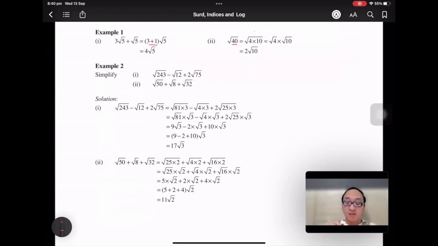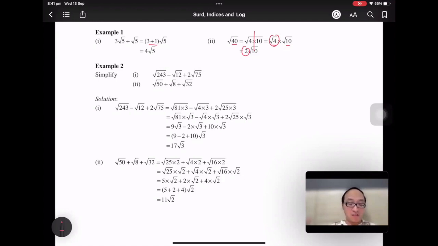Then we can separate the roots, it becomes root 4 times root 10. The square root of 4 is 2, so we can combine it into 2 square root of 10. This is one method of simplification. If we can express the number in the form of a square number, we can write it without the surd and combine it with the remaining term.